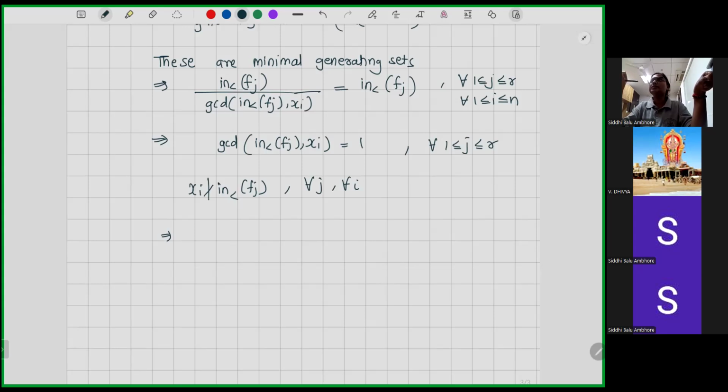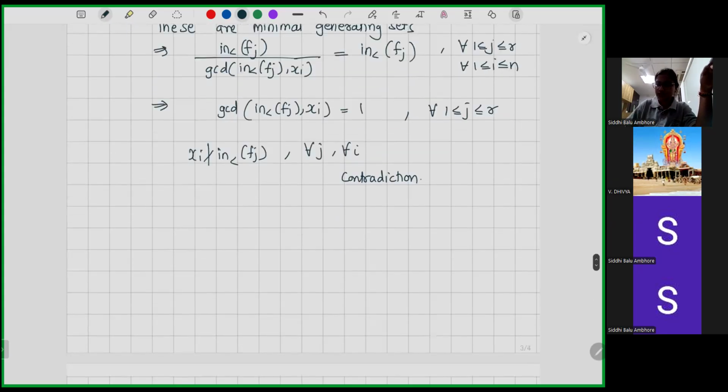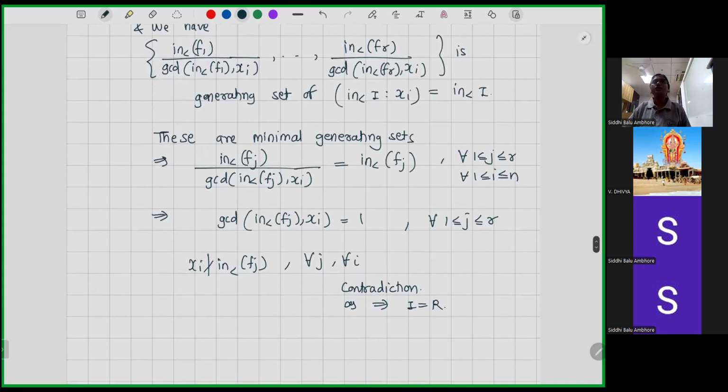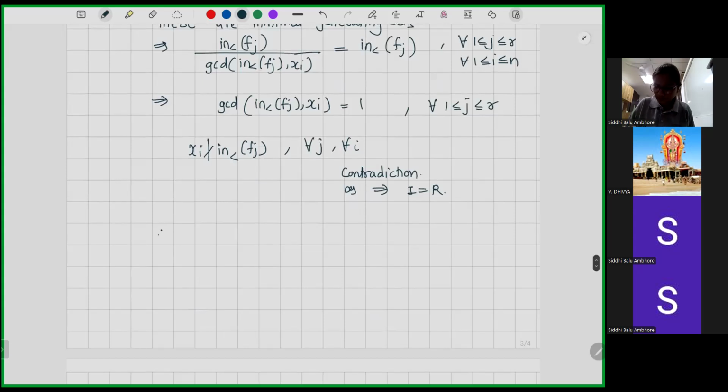If the initial term of something is one, then that polynomial becomes the constant itself, and this implies my ideal I to be the whole ring. So this is actually a contradiction, because we started with a proper ideal. Therefore I is not a prime ideal.